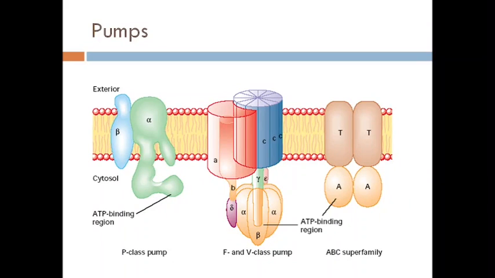Then comes the F and V class pump. Here we can see that different subunits are there: alpha, beta, gamma, epsilon, A, B, and C. So it is made up of so many components. It is just like a rotor, and it also has an ATP binding region, and also it has the facility to transport the solute molecules.